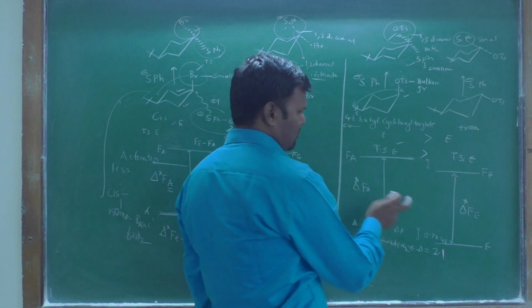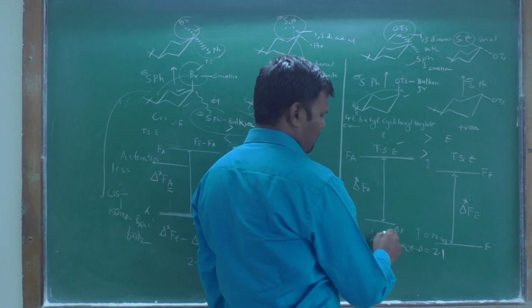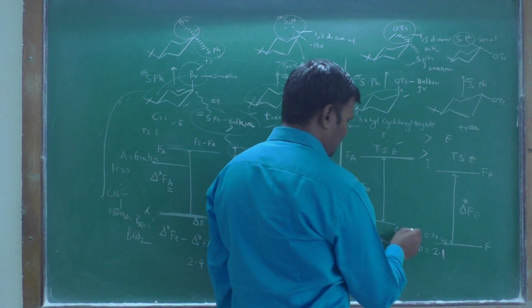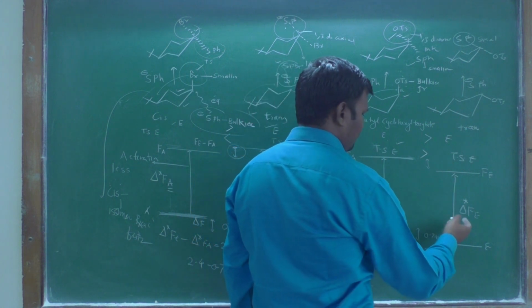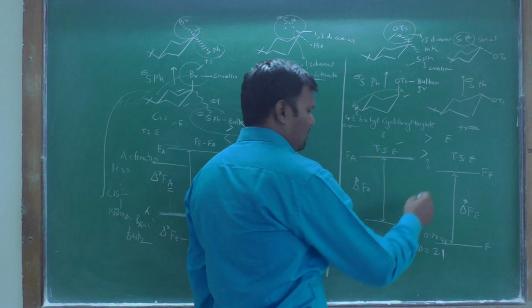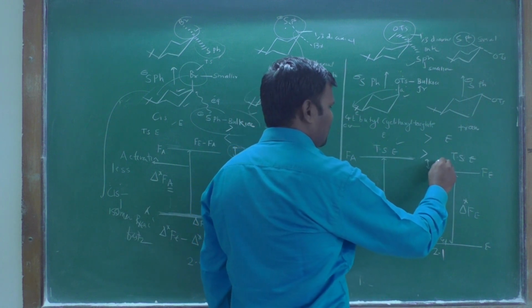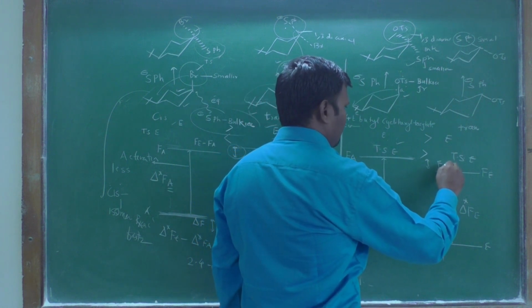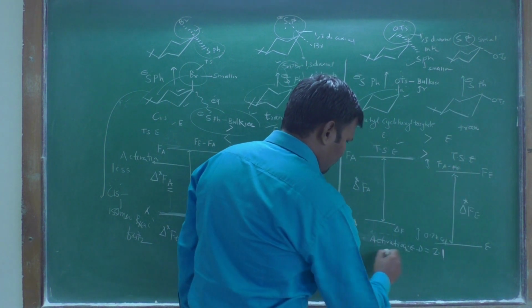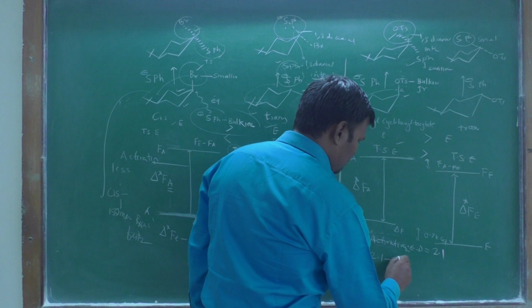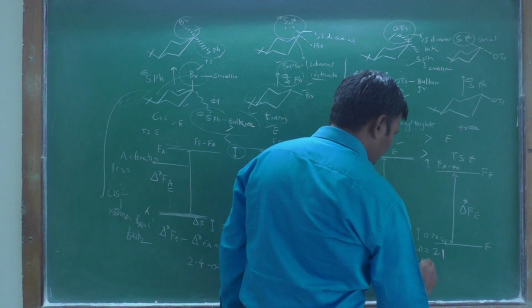Therefore delta FA minus FE is equal to 2.1 minus 0.7, which is equal to 1.4.